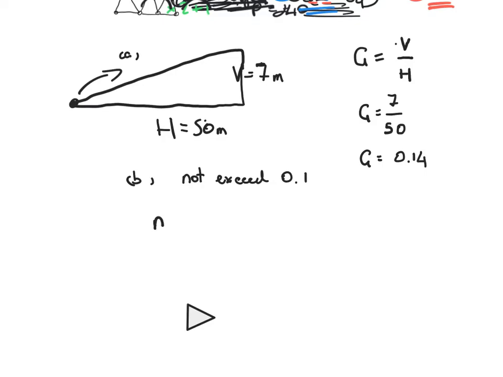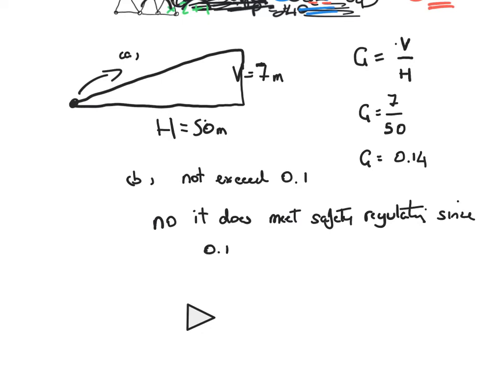Well, the answer to that question would be no. It does not meet safety regulations, since 0.14 is greater than 0.1, meaning that we would have to deem that the travelator would be unsafe if it was to be built using these dimensions.